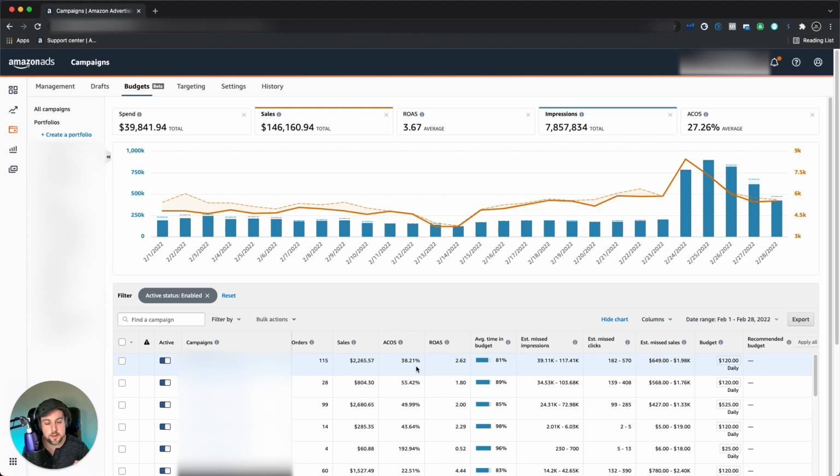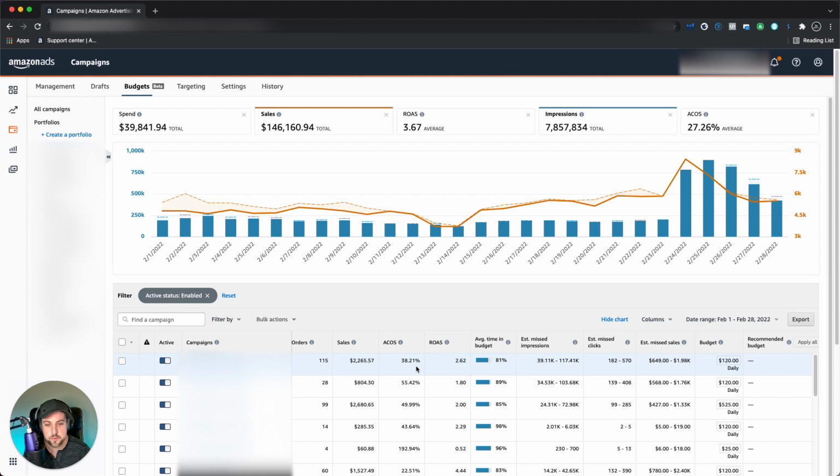Then I would ask myself, okay, for this particular campaign and this particular objective, is this something that I could realistically bump up? So a good example is, let's say your margin on your product is 45%.